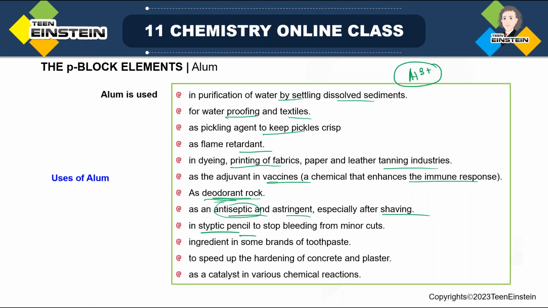Styptic pencil is also used mostly after shave, when there are minor cuts, to stop the bleeding. So styptic pencil is basically a pencil made of alum. It's a white type of pencil. Ingredient in some brands of toothpaste, speeds up the hardening of concrete plaster, and also a catalyst in different chemical reactions. Fine.